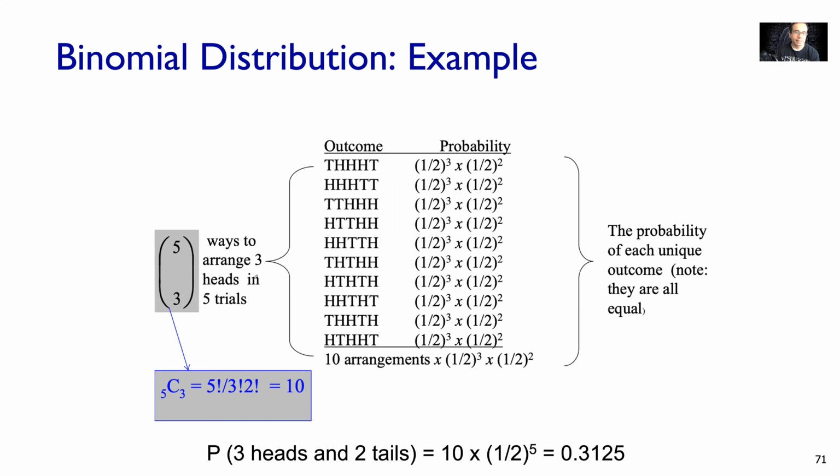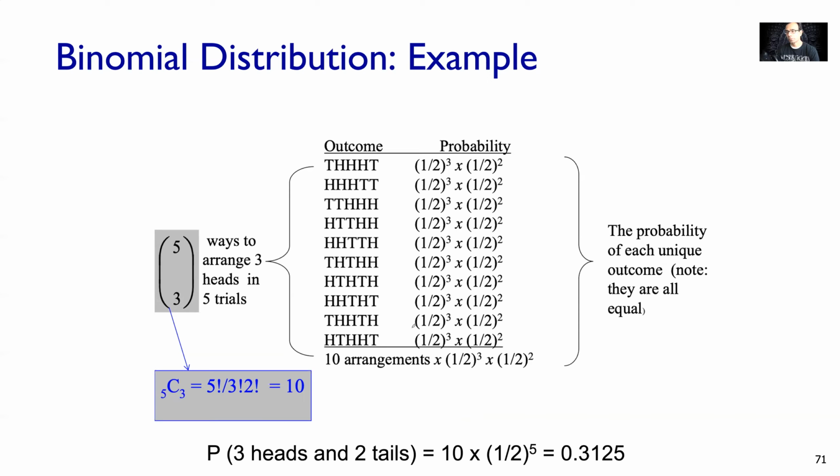You might have seen this expression before, which allows us to compute how many combinations you can have of choosing 3 elements out of 5 total elements, 5C3 as it's often called. You may remember that this is equivalent to 5 factorial divided by 3 factorial times (5 minus 3) factorial, which is 2 factorial.